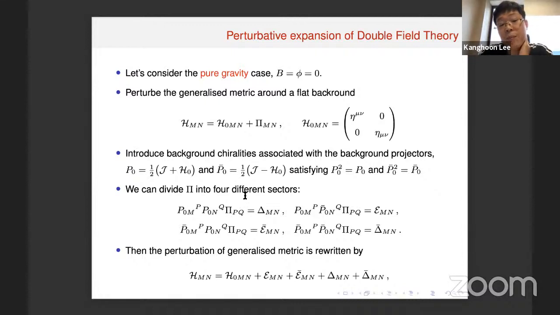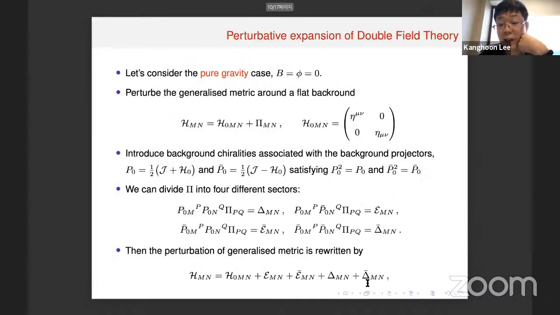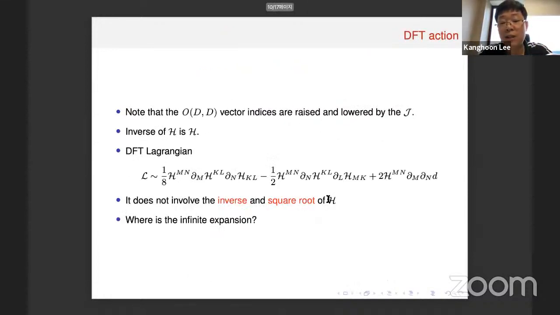So this E and E bar are the mixed chirality parts, and delta and delta bar are the chiral and anti-chiral sectors. But we can show that E and E bar are linear perturbations, and these chiral and anti-chiral sectors can be written in terms of E and E bar.